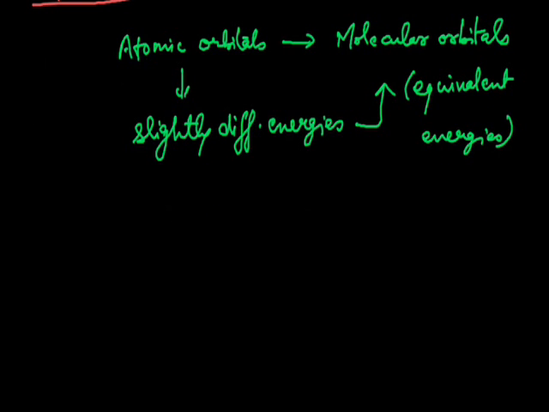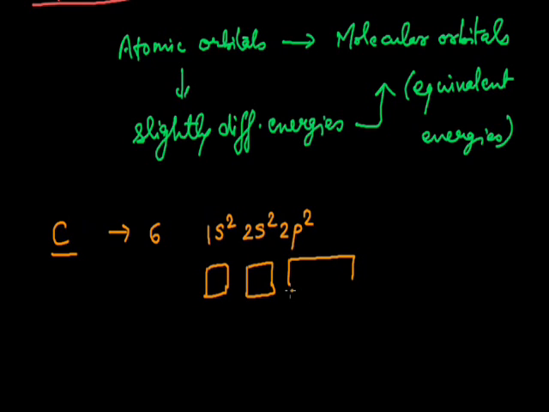Let us take the example of, say, carbon. As we know, the atomic number of carbon is 6 and its configuration is 1s2, 2s2, 2p2. Now if we look into the atomic orbitals of carbon, we'll come to know that the 2s and 2p atomic orbitals have the arrangement of electrons like this.